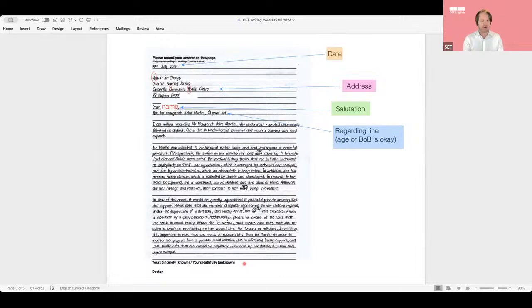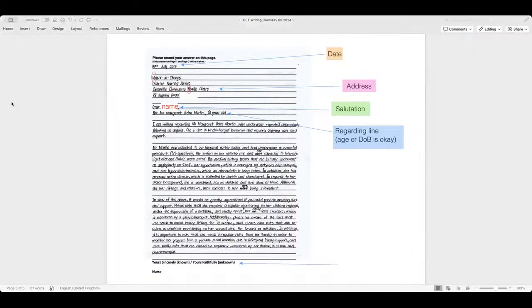Doctors, if you're a doctor watching this, what do we think? It doesn't matter. This is you, so you know yourself. You can put your name if you want or not. Doesn't matter, okay? What do we call this line? Anyone know the name of it? It's the signature.